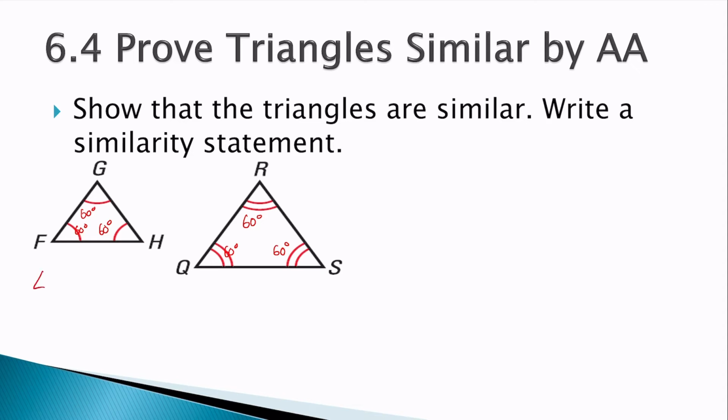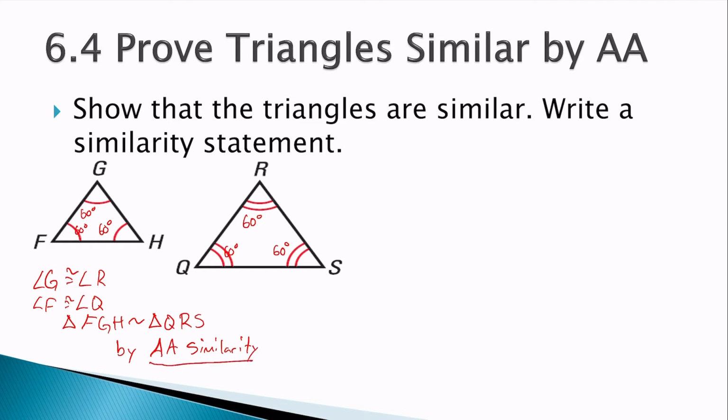Therefore, I know angle G is congruent to angle R, and angle F is congruent to angle Q. So triangle FGH is similar to triangle QRS. That is the similarity statement, and the reason is by the AA similarity. Yes, you have to put similarity, not just AA, because it's showing that they are similar.